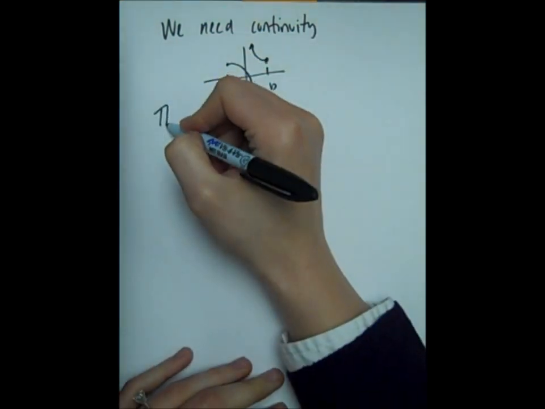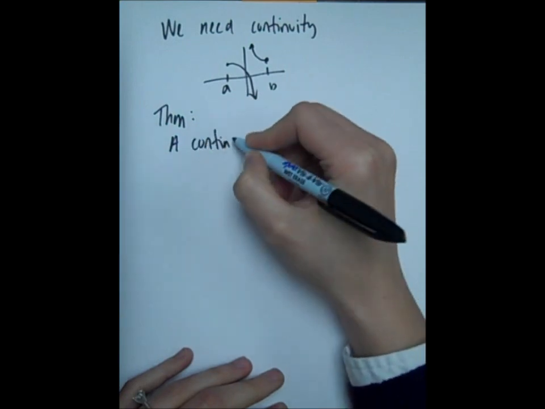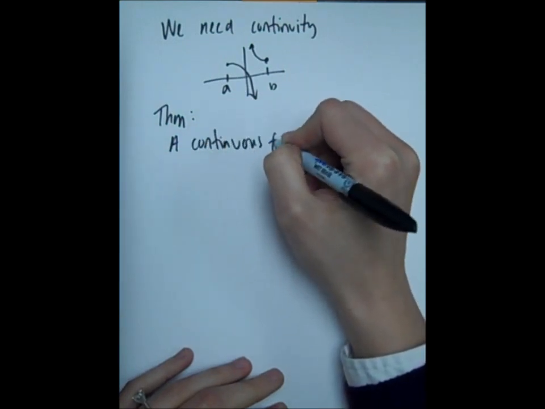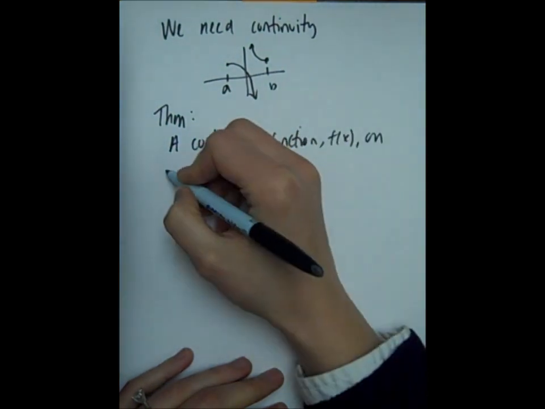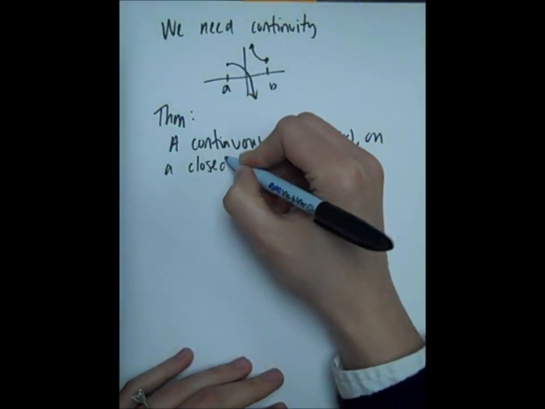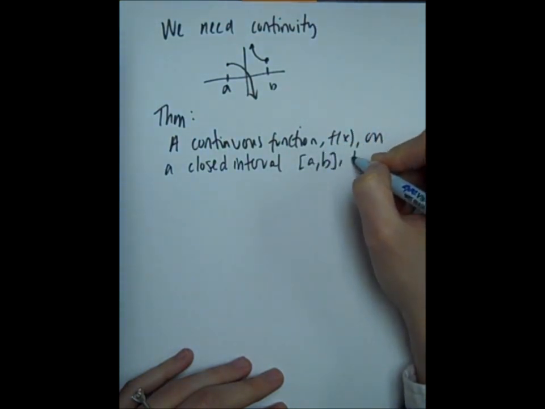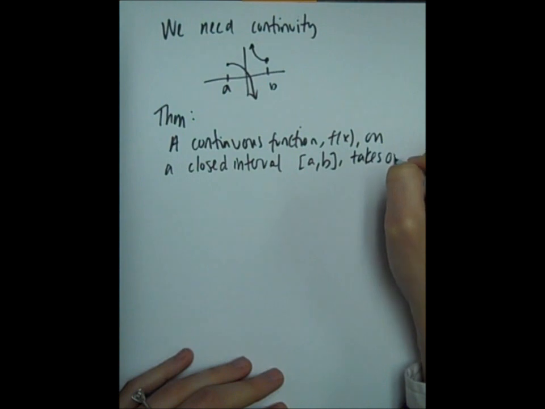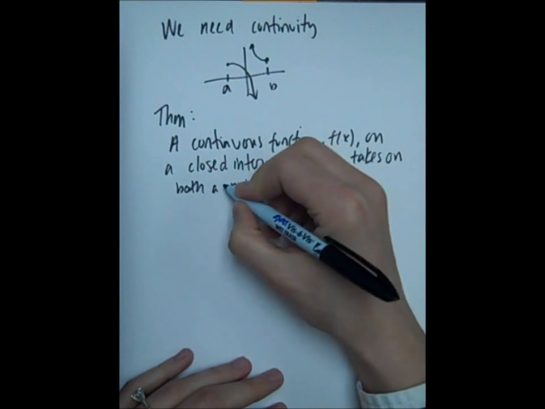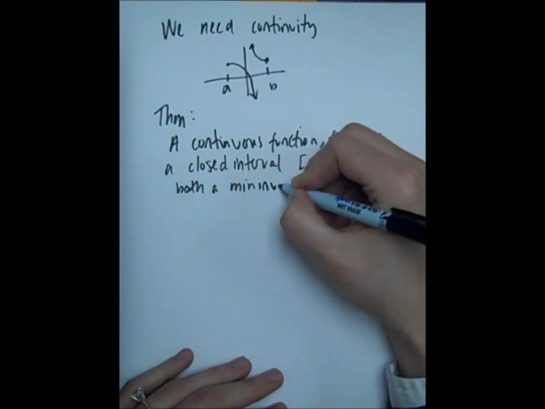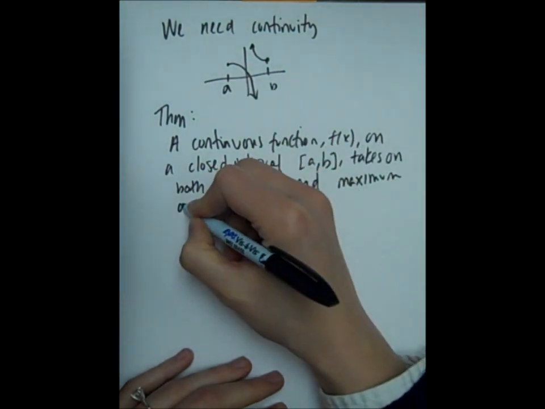So here's the theorem that we're going to use. A continuous function, so here's that continuity part that I was talking about. A continuous function f of x on a closed interval, so from a to b, takes on both a minimum, and when we say minimum here we're talking about absolute, and maximum, and we're talking about the absolute maximum here, on the interval.